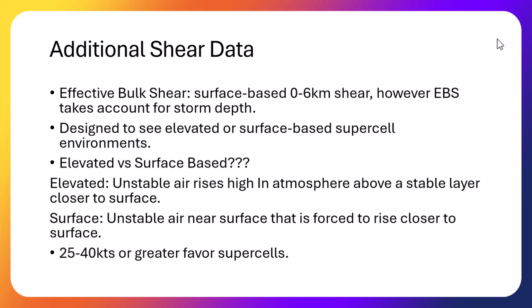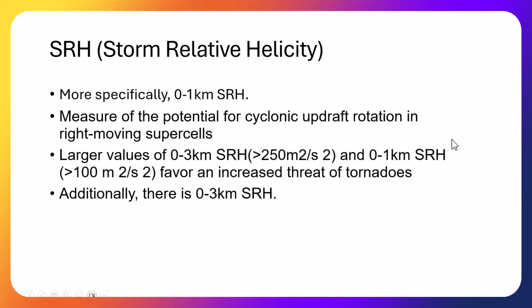In surface-based environments, unstable air near the surface is forced to rise. Anything around 25 to 40 knots or greater favors supercells.